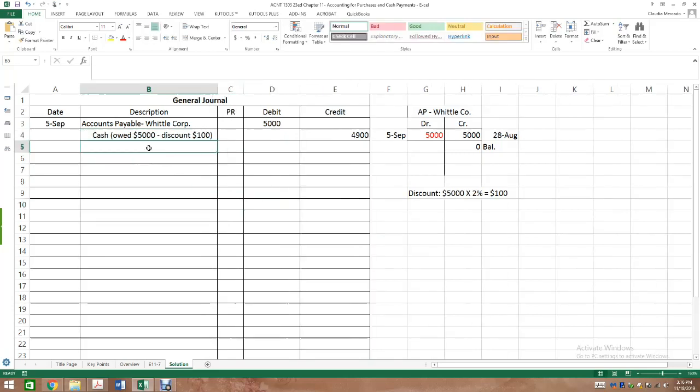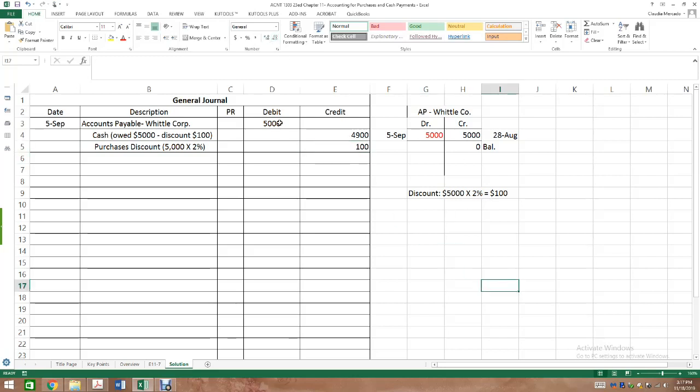So we have an account called Purchases Discounts. And that was the $5,000 times the 2%. And the discount is $100, what we calculated down here.